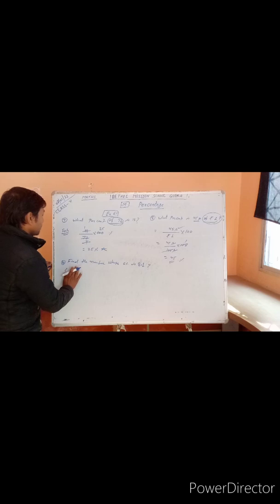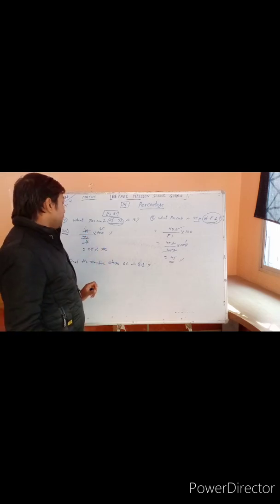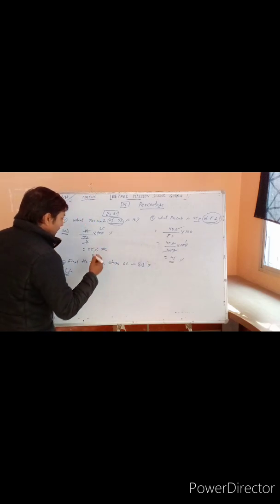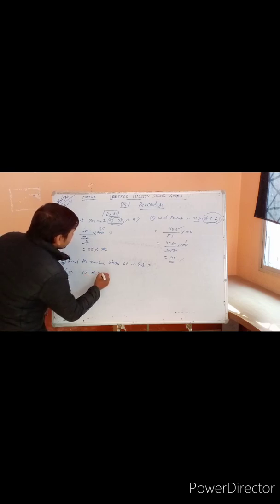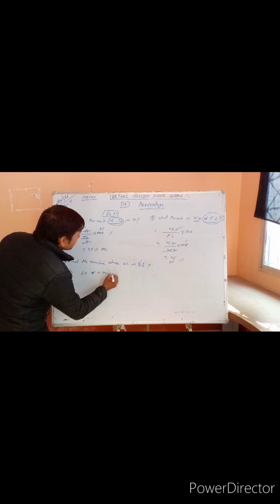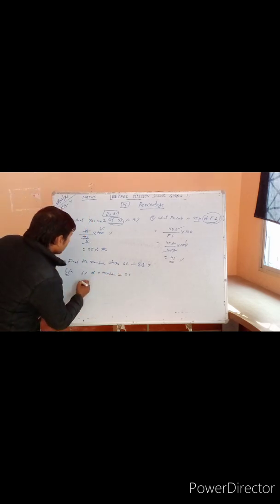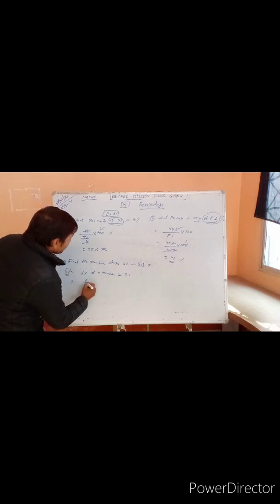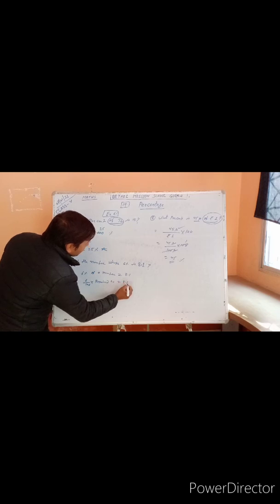Here 10 number question says that find a number. You have to find one number whose 6% is 8.1. So 6% of a number equals 8.1. Okay, so 6% of the required number, 6% means 6 upon 100 into the required number, equals 8.1.